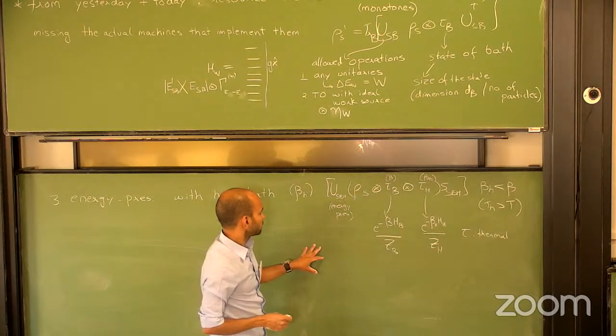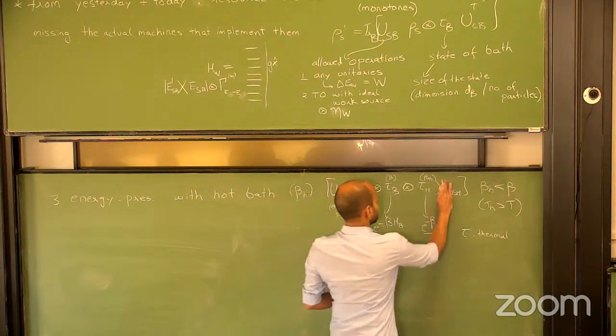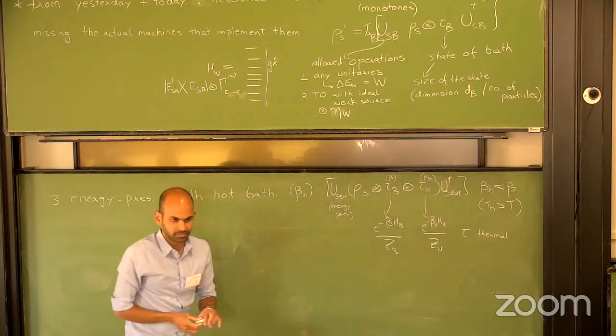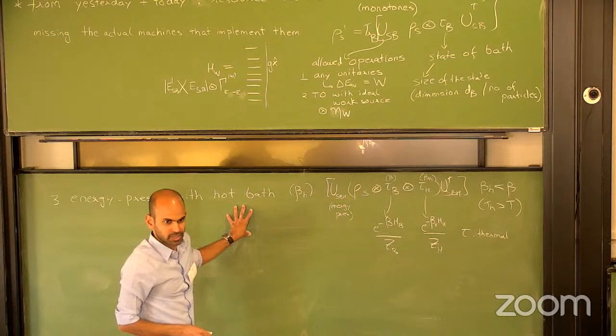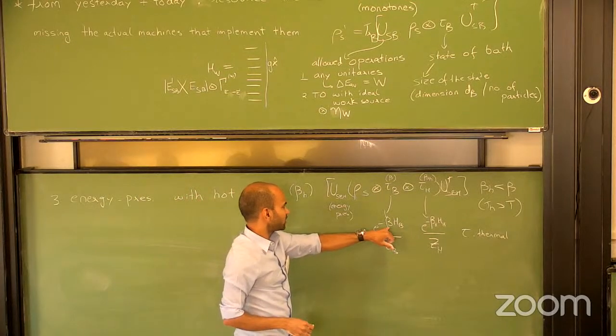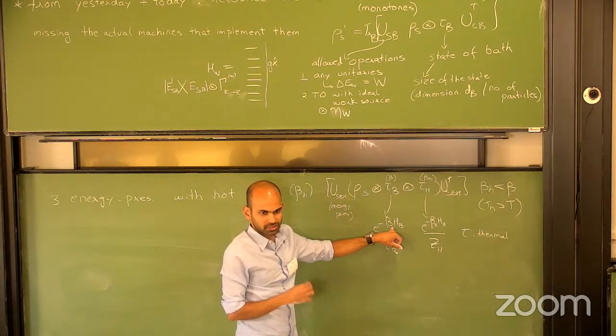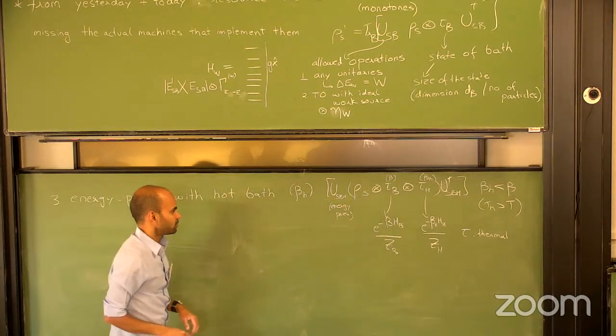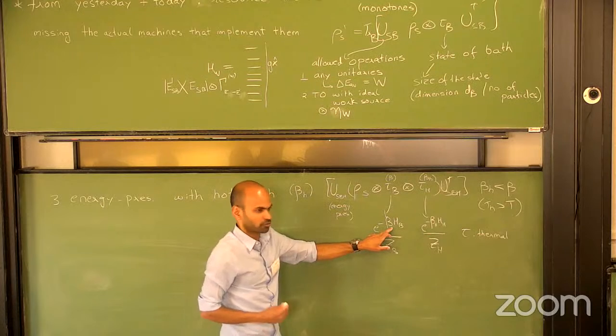Beta hot is the hot bath, and beta alone is the other bath. I don't put beta cold or beta room. If I just say beta without an index, it's the environment temperature. This is the temperature that you have really for free. You can always thermalize it.